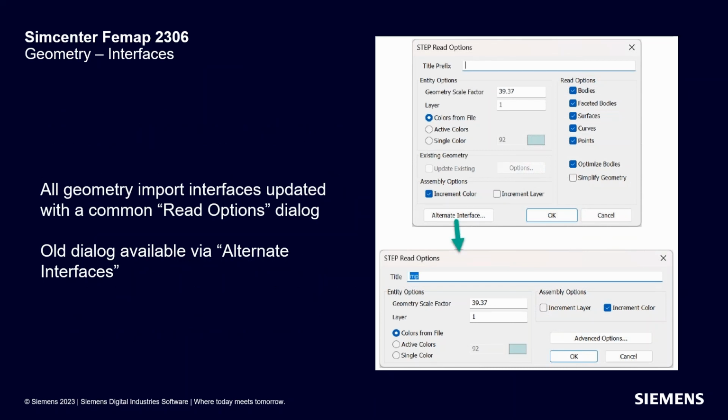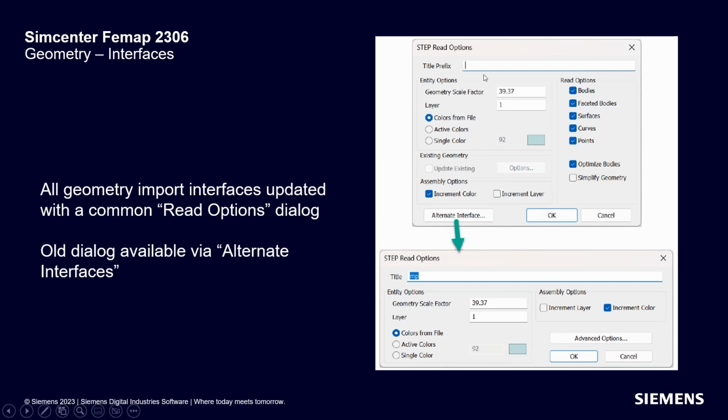One of the other geometry interface updates is that the old geometry import dialog has been replaced with kind of like a file format agnostic read options. And you can still access the old read options box if you click alternate interface, but it should be more simple if you ever import like two different file types.